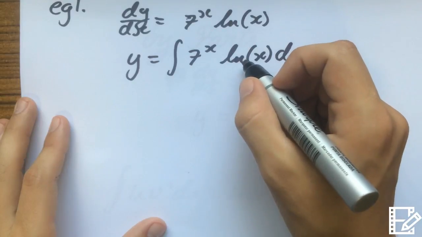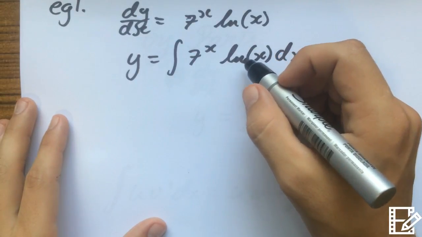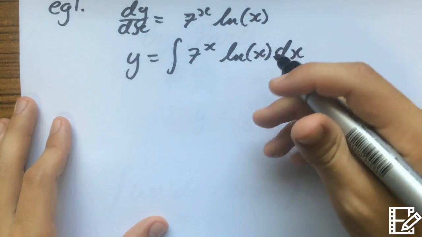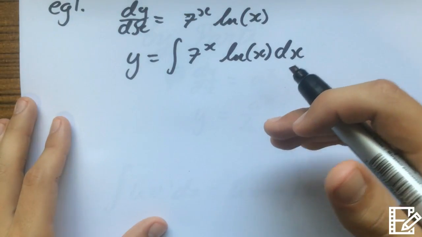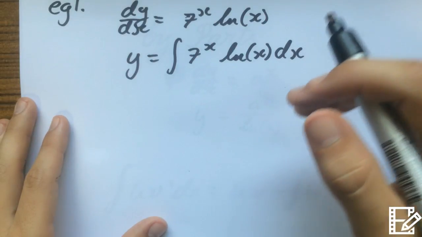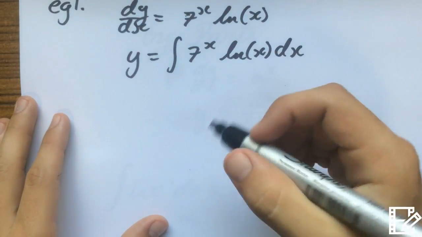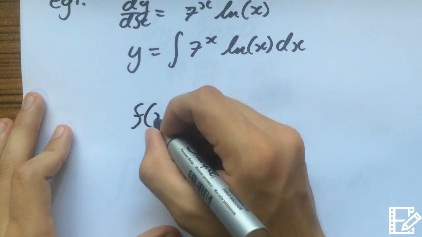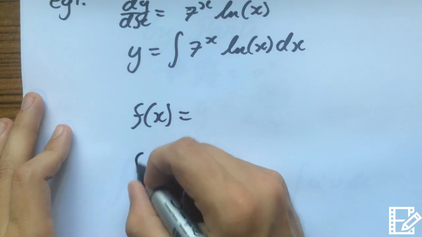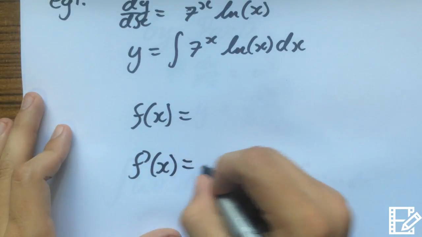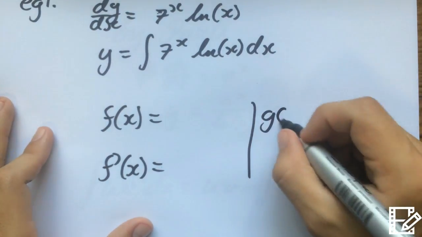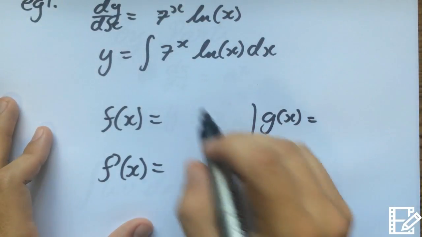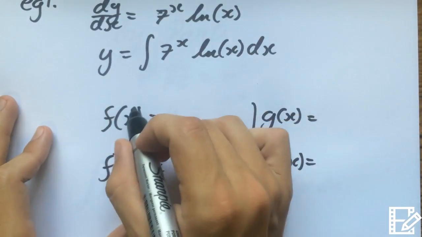And the one we pick to be g dash of x has to not make a mess, because we're going to have to find the integral. That might not make much sense, but essentially, these are the parts we have and what we need in order to complete the formula. So one of these we've got to call g dash, and one of these we've got to call f of x.